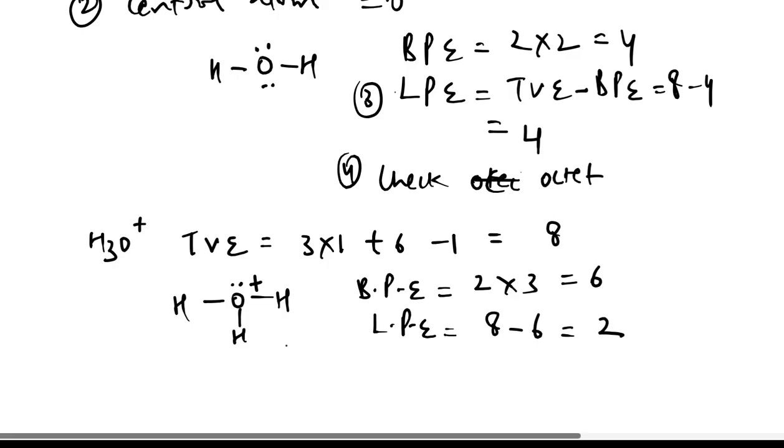We can check the formal charges also, but in simple molecules like water or hydronium ion, formal charges don't play that big a role. But in case of nitrate, nitrite, carbon dioxide, or maybe sulfate, sulfite, they play a very big role. In that case, after drawing the structure, we calculate the formal charge of each and every atom and check whether it is satisfying the condition or not.